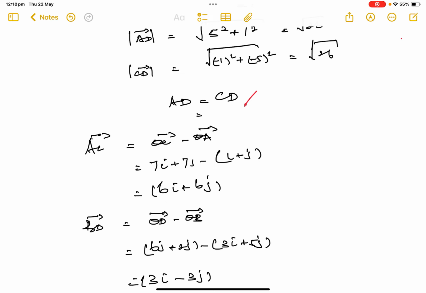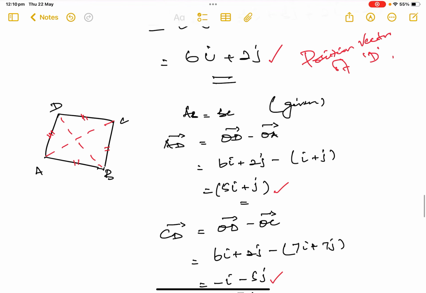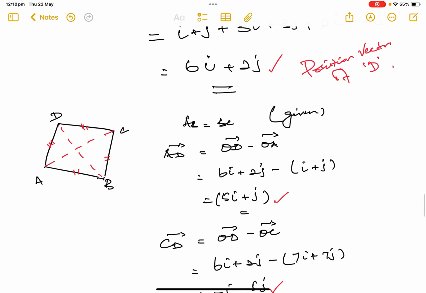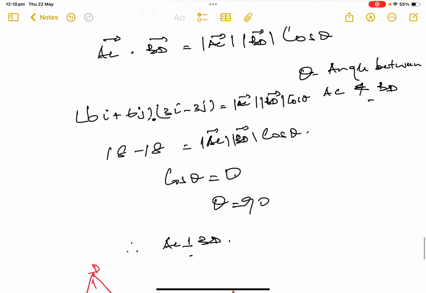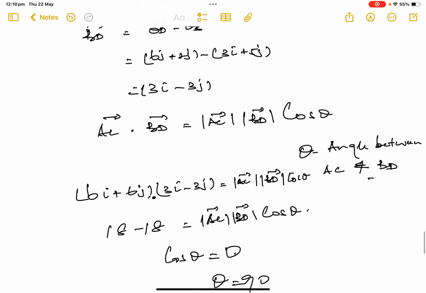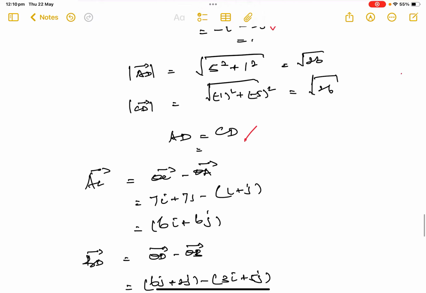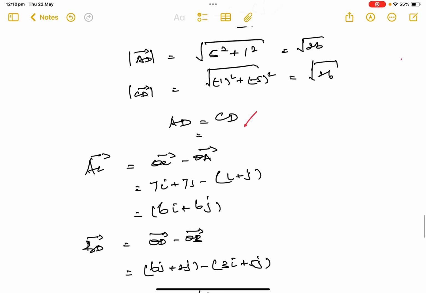Let's look at AC, and prove a bit more. We know that the adjacent sides are equal, but let's see whether we can develop more. Vector AC is OC minus OA, 7i plus 7j minus i minus j, that is 6i plus 6j.